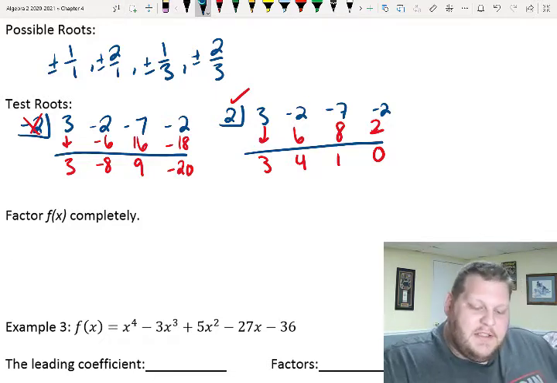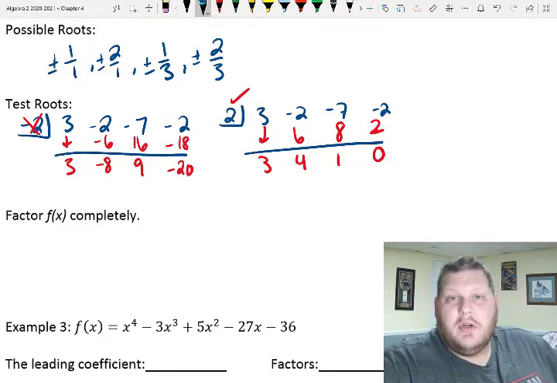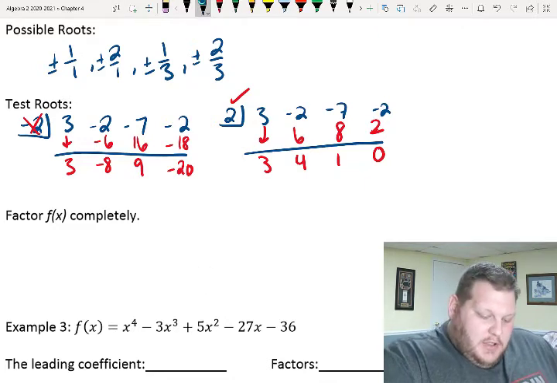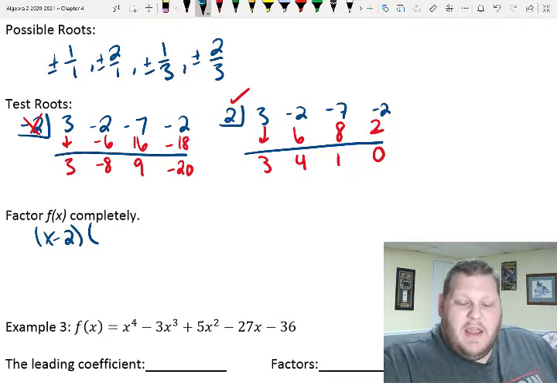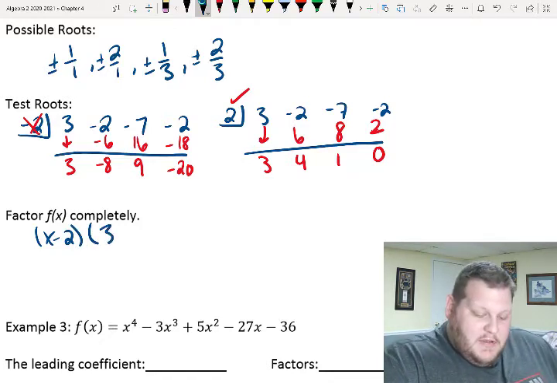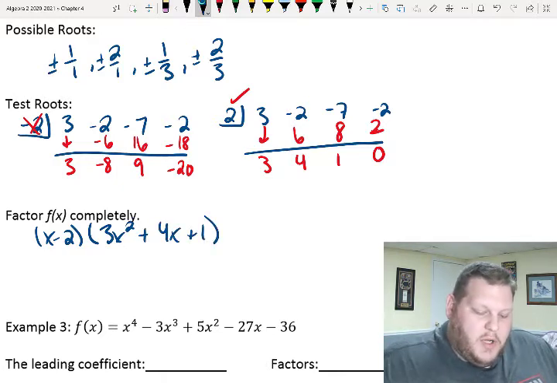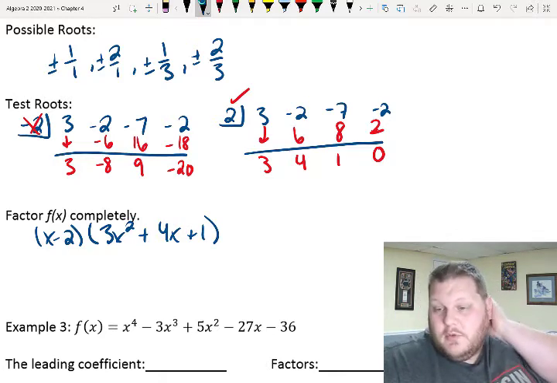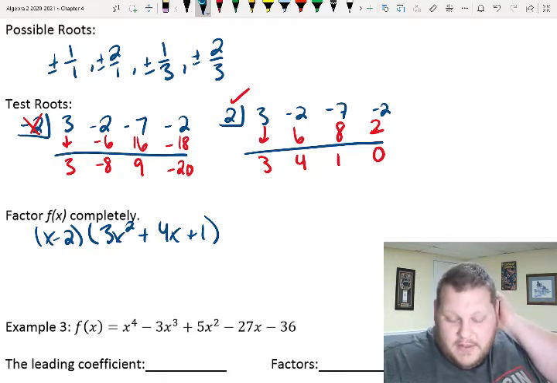But again, I still have to factor completely. So since 2 worked as my number inside synthetic, x minus 2 is one of my factors. And then here I've got 3, 4, 1, which means 3x squared plus 4x plus 1. Now this is factorable. We'll do some Xbox factoring to get this to factor out.